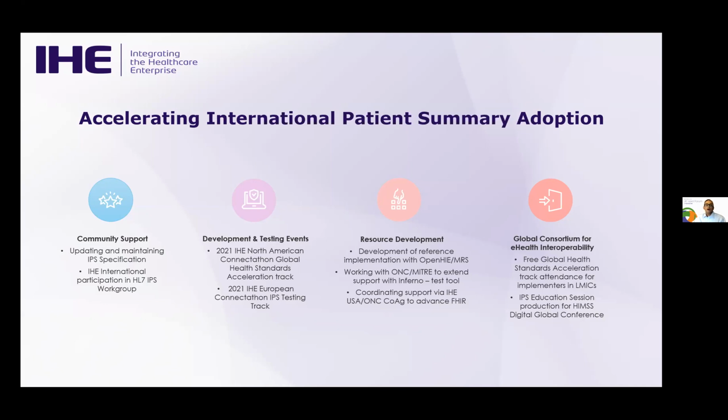And so again, in the vein of collaboration, IHE USA works very closely with ONC, the Office of the National Coordinator for the US, which focuses on the digital health strategy for the US. One of the main contractors that works with ONC as well as IHE is the MITRE Corporation.